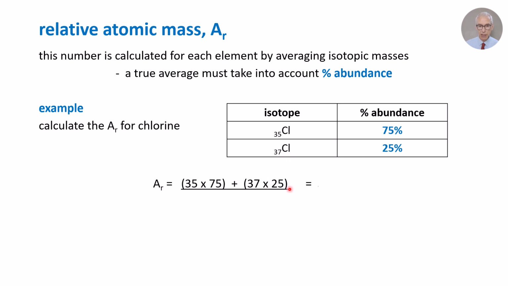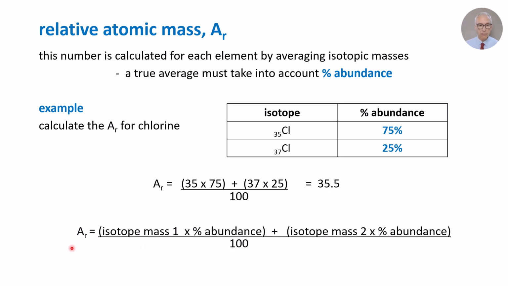Add them together, we have 100 items, so we divide by 100 to average. So taking 75 chlorine-35s and 25 chlorine-37s, our total number of items was 100. So that comes out as 35.5, and that is the number, the relative atomic mass, you will see in the periodic table for chlorine.